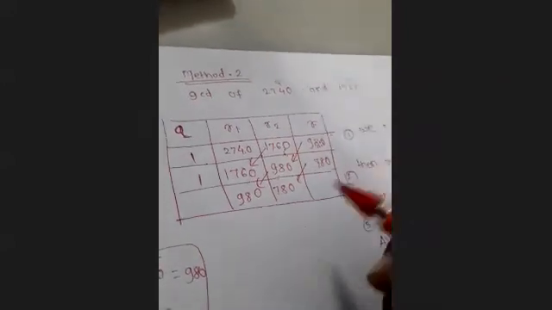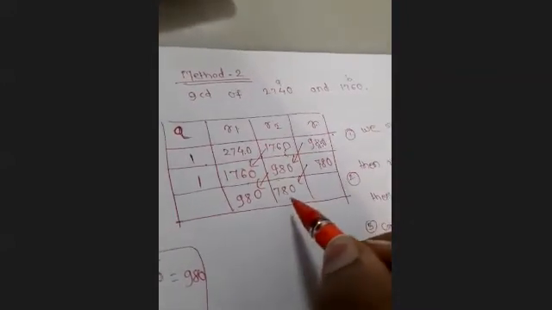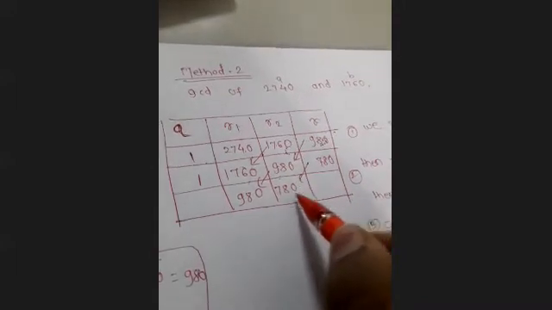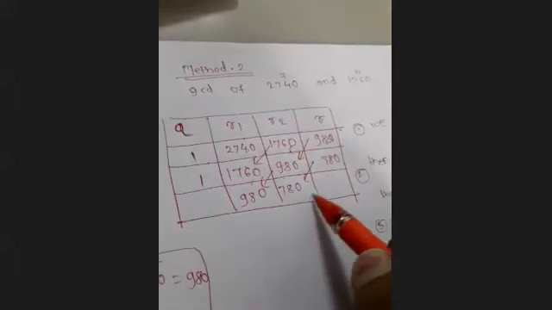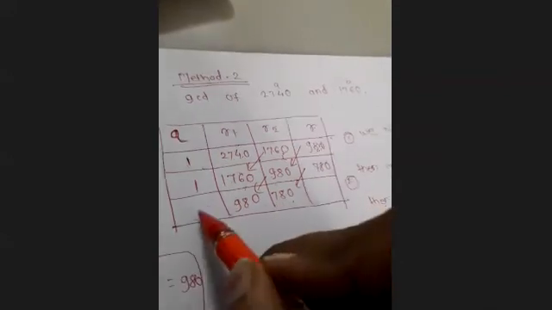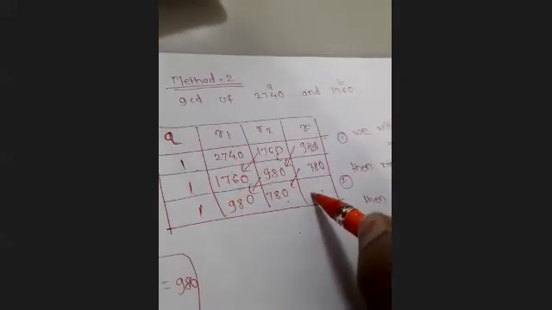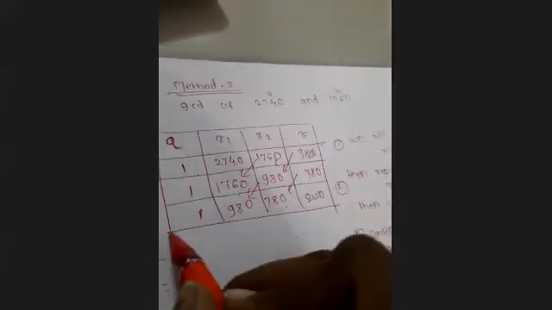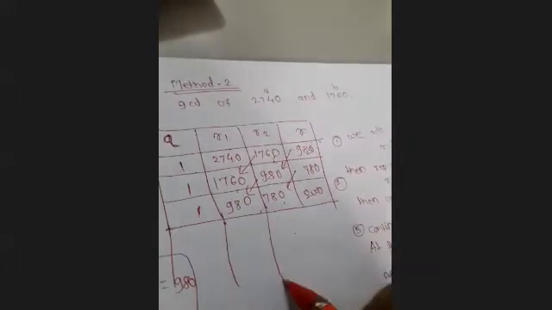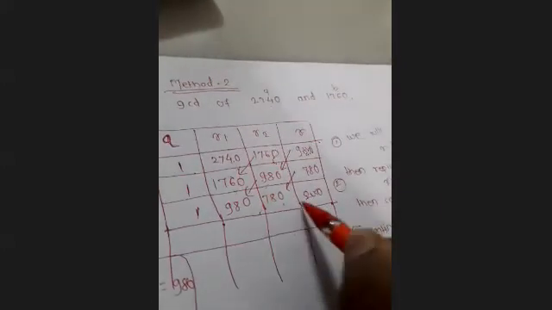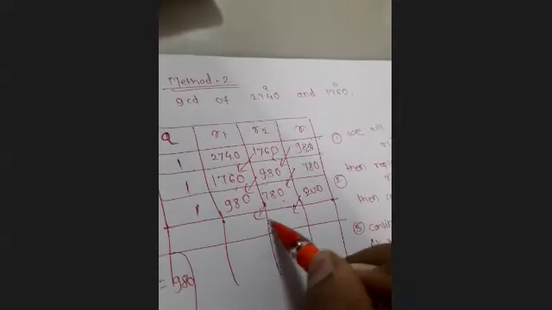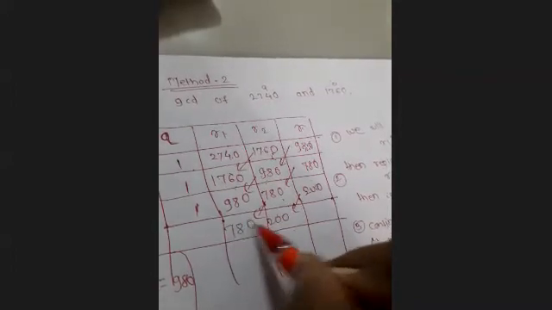Repeat the step because we are still not at 0. R2 की value 0 होने तक हमें करते जाना है. तो 780 को फिर से हम 1 से divide करते हैं. 980 minus 780 is 200. Repeat the step: 200 and here 780.